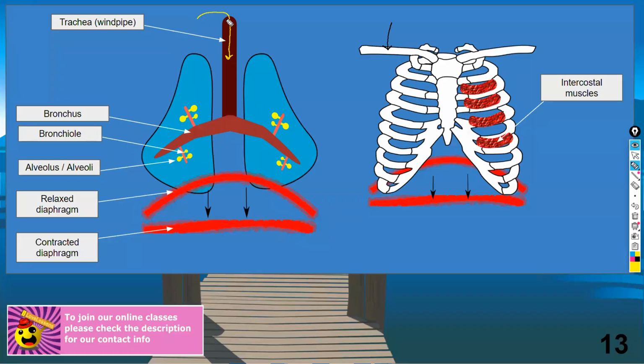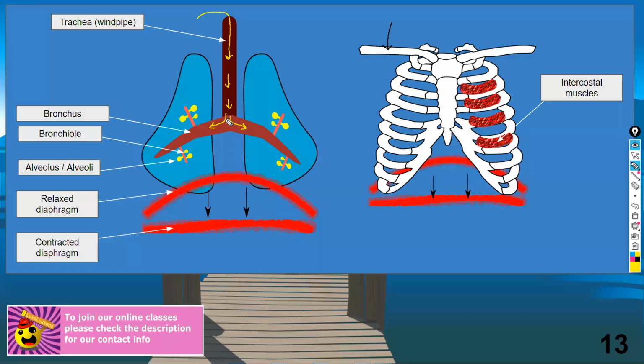So the air comes down into our trachea, and then it goes down and down. Then the channel splits into two. Now, there's a good reason it splits into two. Our lungs have two sides, a left side and a right side. Obviously, you want some of the air to go to the left, and of course, you want some of the air to go to your right.